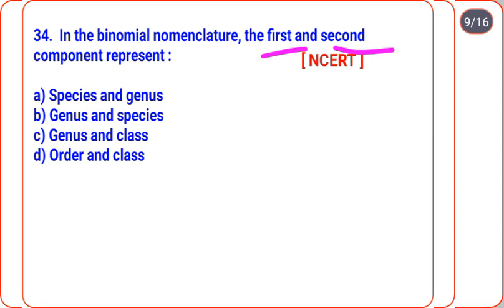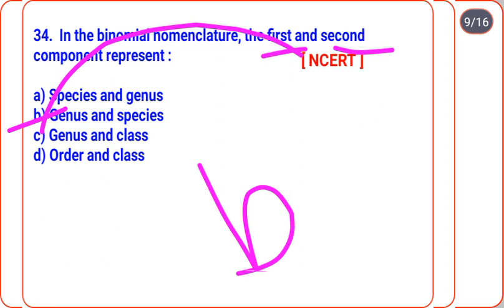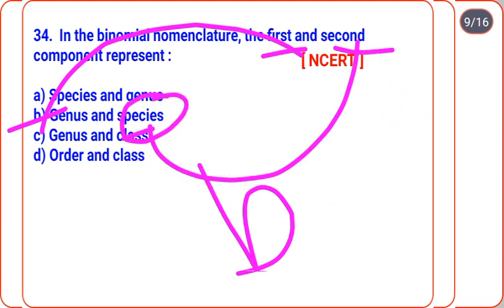Yes, option B is correct, genus and species. Option D order and class. Our correct option is B. Genus and species. First genus, second species.